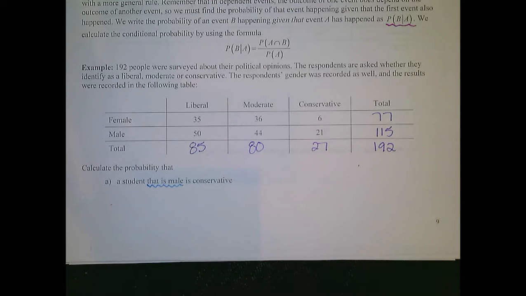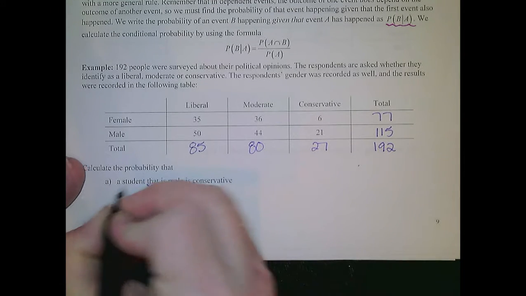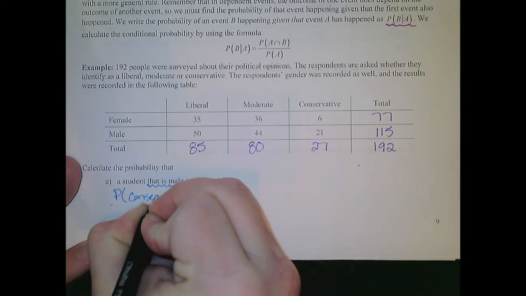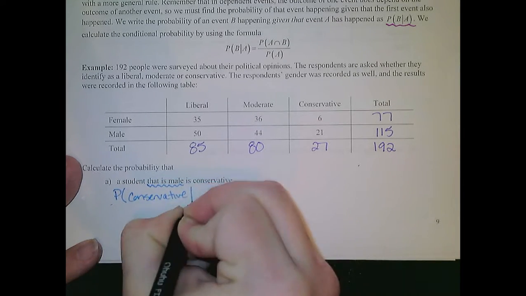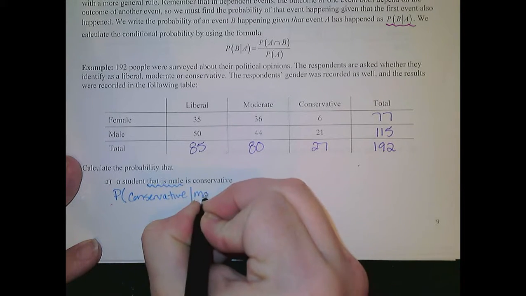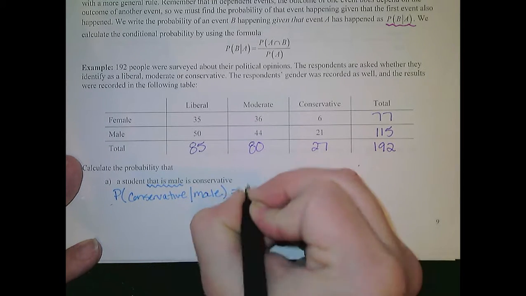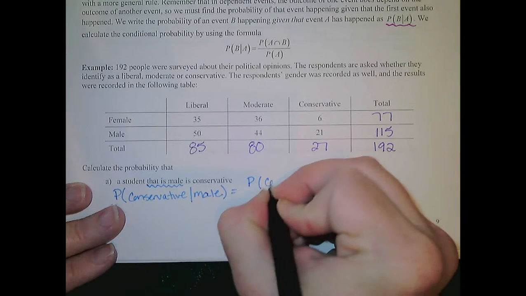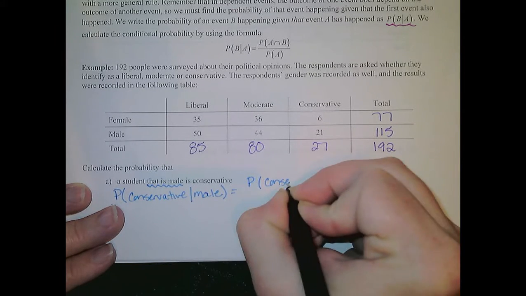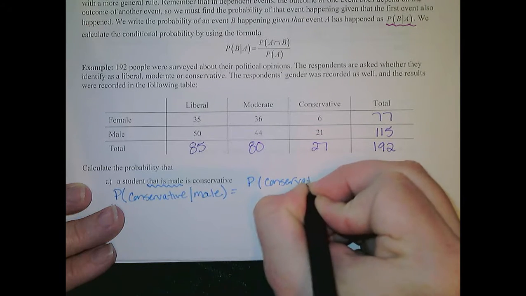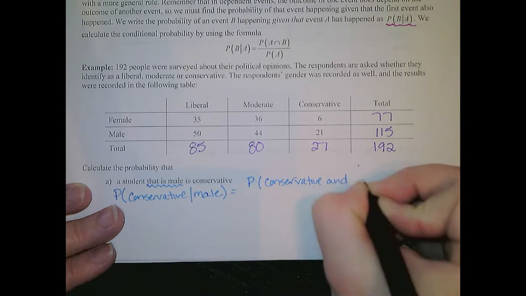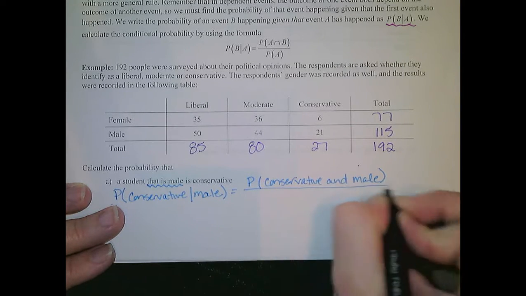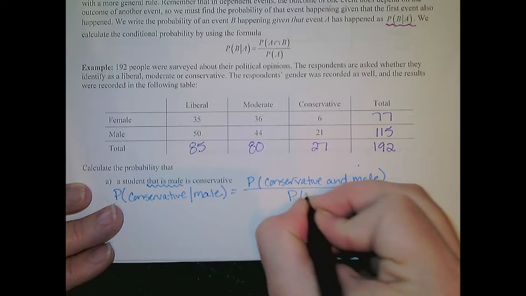And according to that formula, the probability that a student is conservative, given that we know that the student is male, would be equal to the probability that that student is both conservative and male, divided by the probability that they are male.